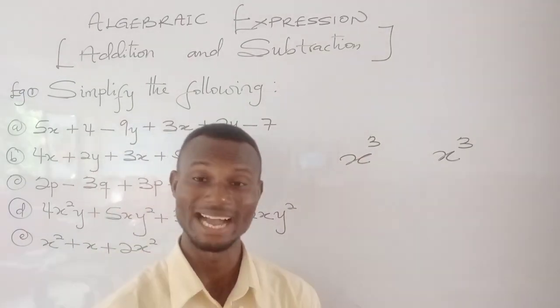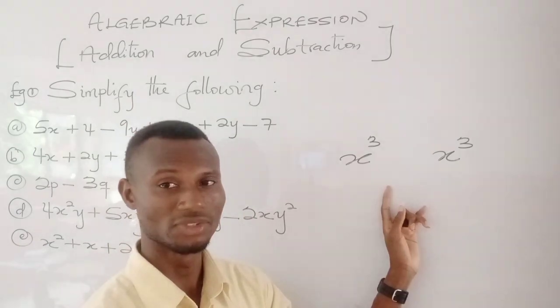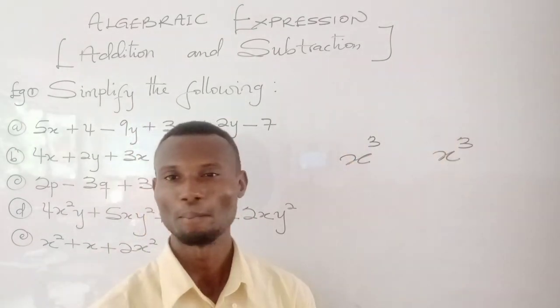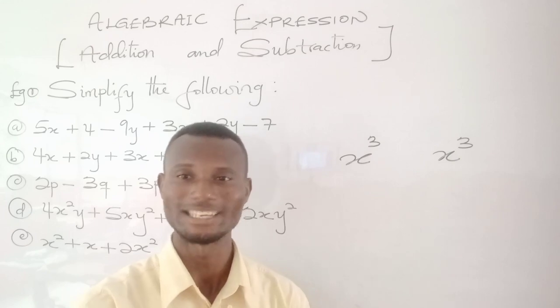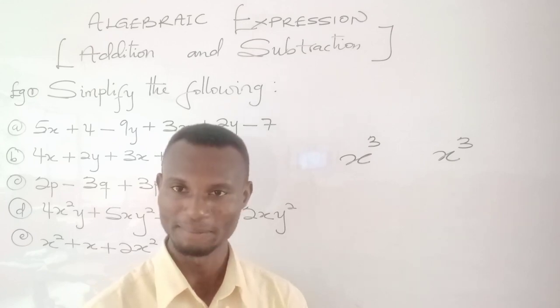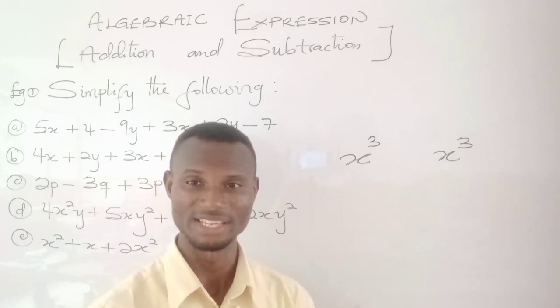Then we can say that they are like terms because they have the same variables and they have the same power. Okay, then this is like terms. It means we can add or subtract them. I hope the explanation is clear enough up to this point.